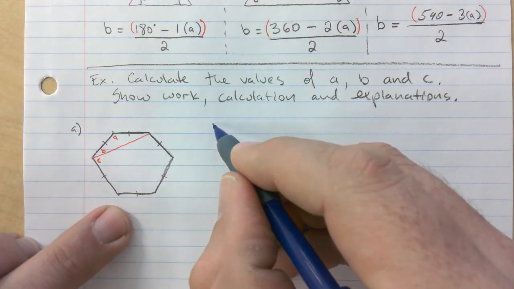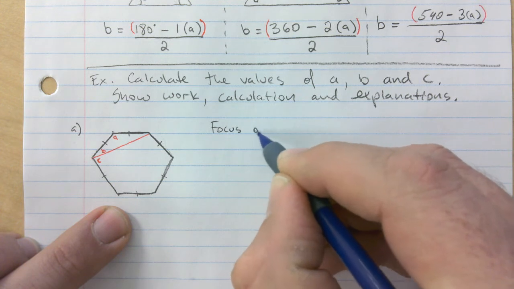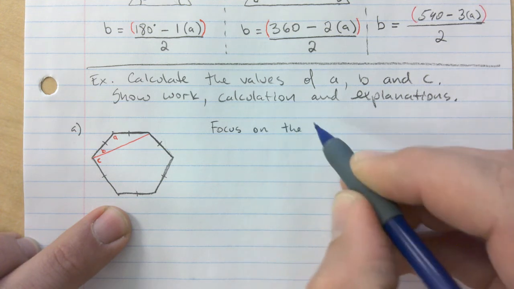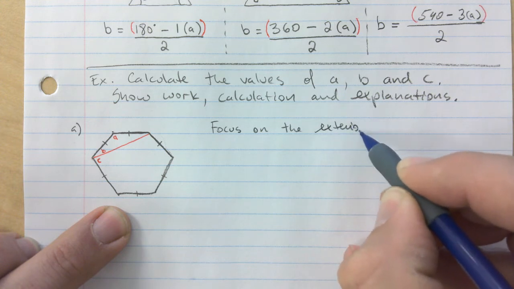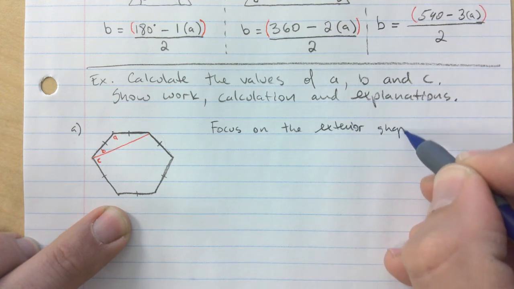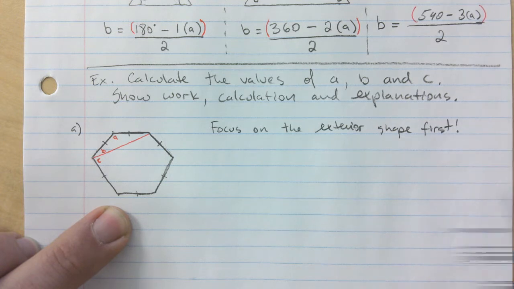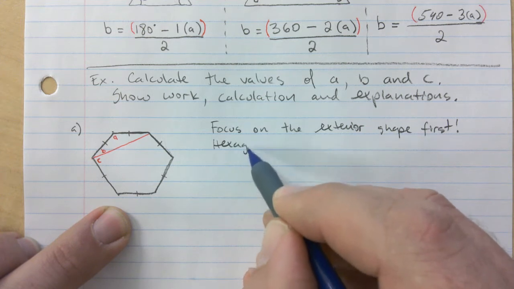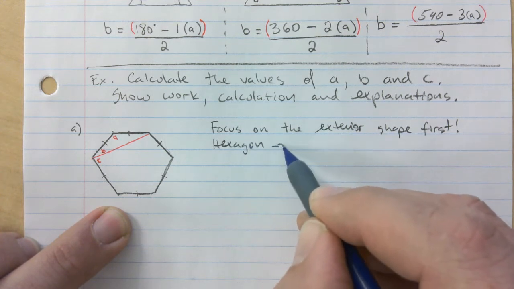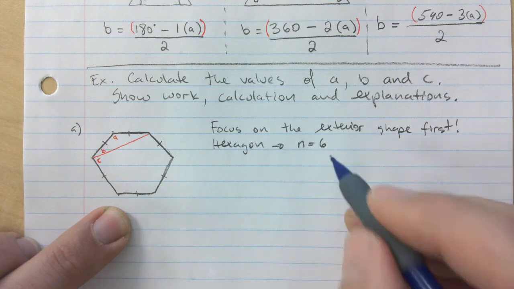So focus on the exterior shape first. Okay, so we count: hexagon, right? That means that n is equal to 6, right?